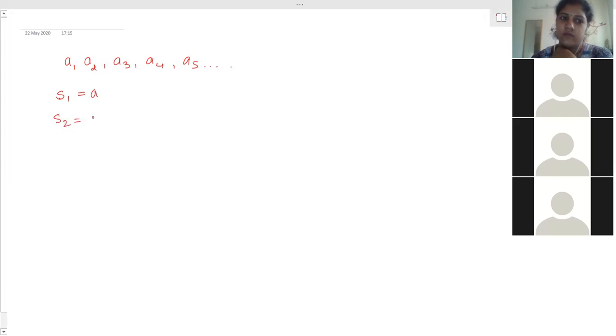What is S2? Sum of the first two numbers, that is A plus A2, right? A is the value of S1, plus A2. So S2 is equal to S1 plus A2. Now what is S3? The first three terms, A plus A2 plus A3.